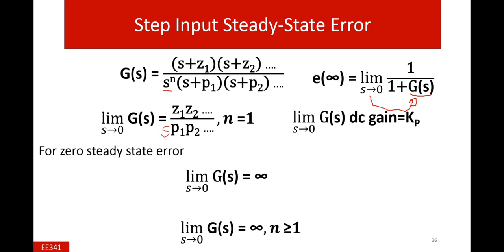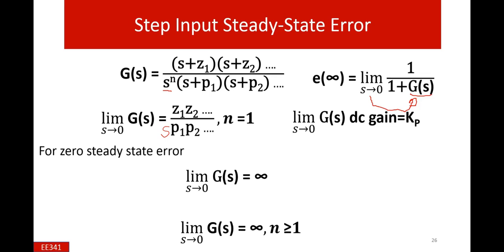So for this transfer function, if the system is type 1 or greater, then the steady state error is 0 for a step input. This is the final result.